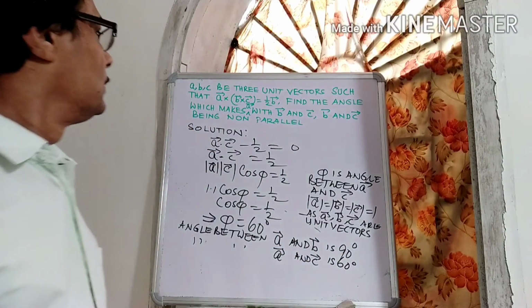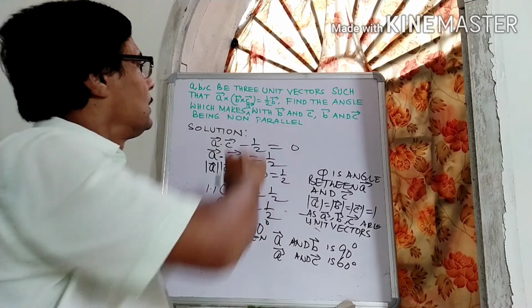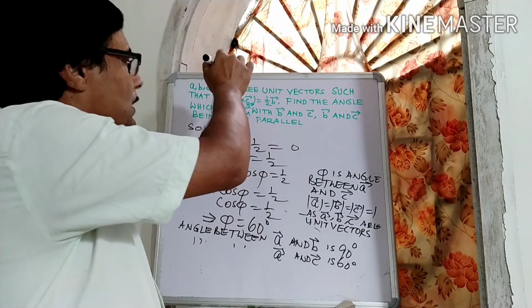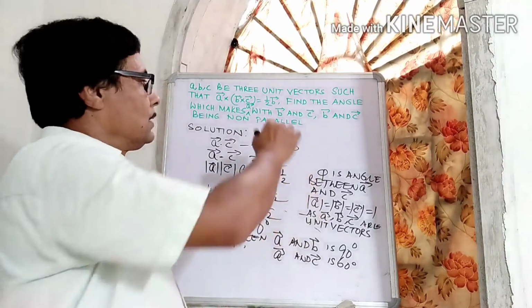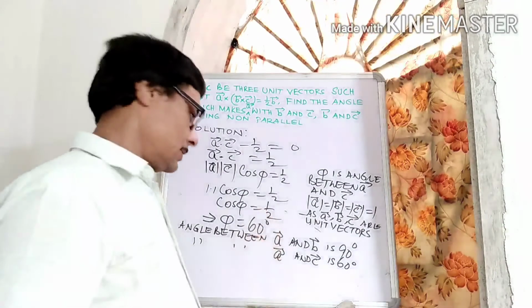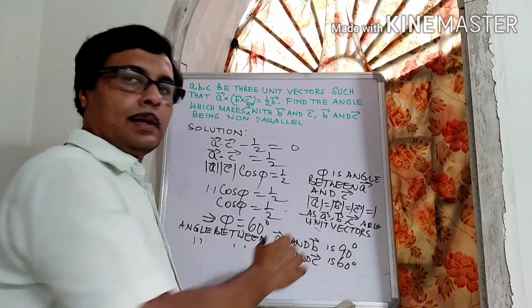So we have derived the two angles: one between A and B, and the other between A and C, which are 90 degrees and 60 degrees.